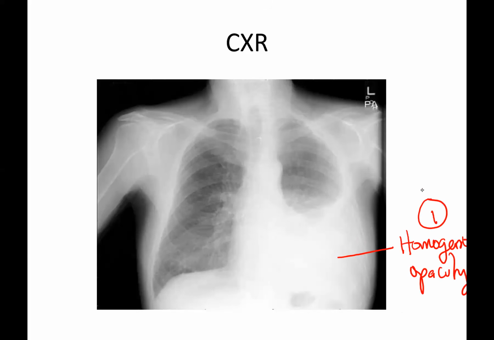Then two, there is meniscus sign. This is a meniscus sign. If you remember your physics, if you have fluid in a jar, the adhesion between the fluid molecules and the surface, and the cohesive force cause a meniscus.